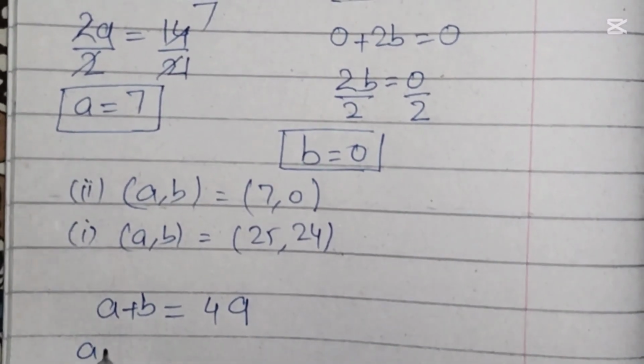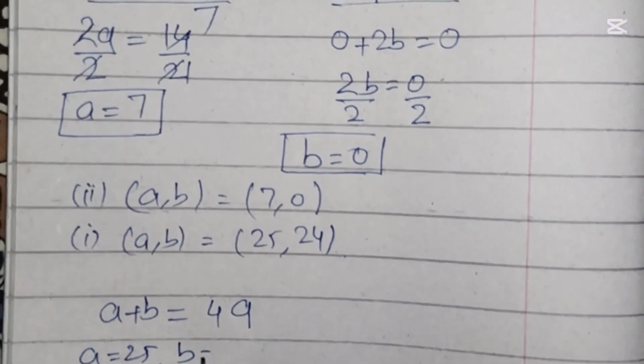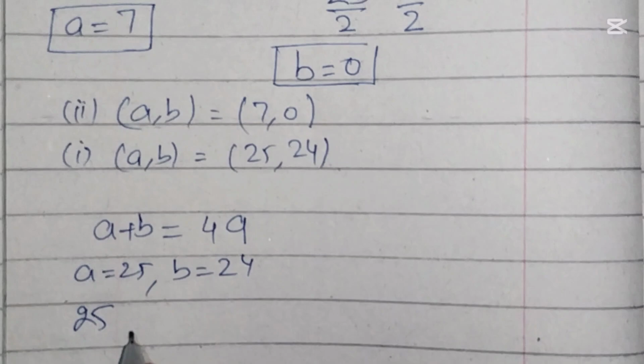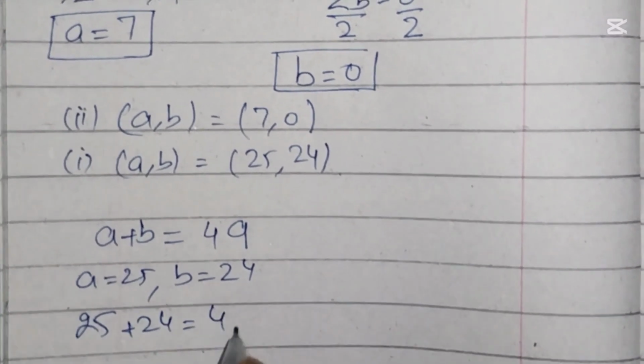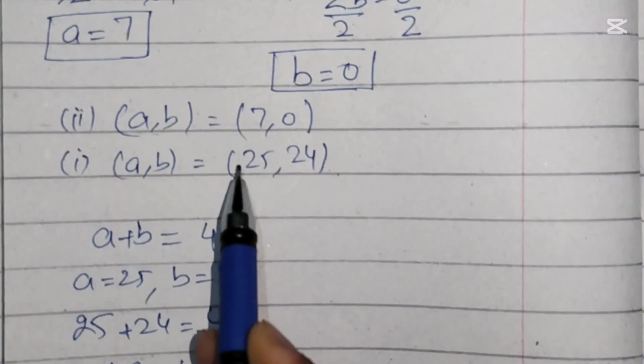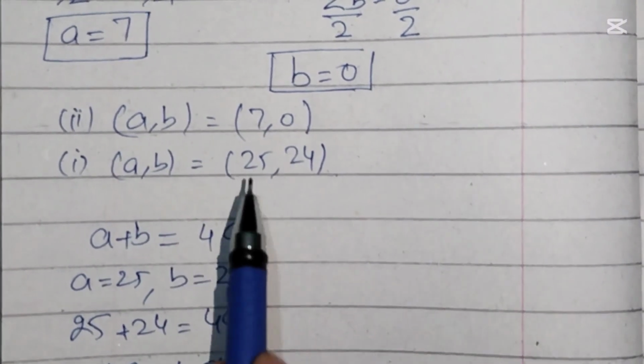If we put a equals 25, b equals 24, then 25 plus 24 equals 49, and 49 equals 49. It means the value of this pair, 25 and 24, is correct.